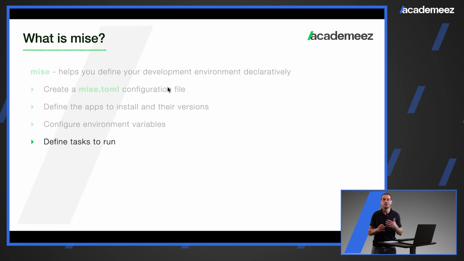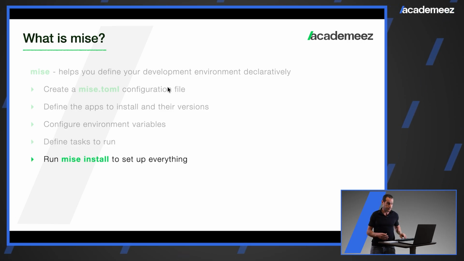You can define a certain task to output a plan. You can define inside the mise.toml certain tasks that you need to alias and rerun often. And every developer that goes to the project and sees the mise.toml file can install all the tools specified in that mise.toml by simply running one command, mise install.